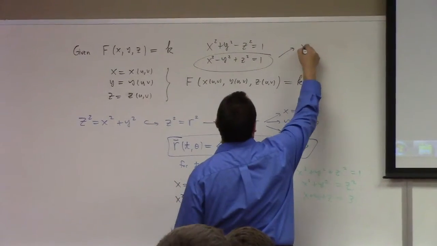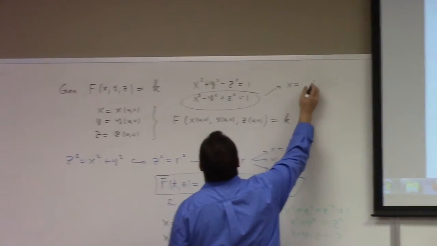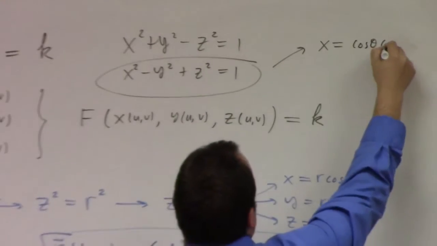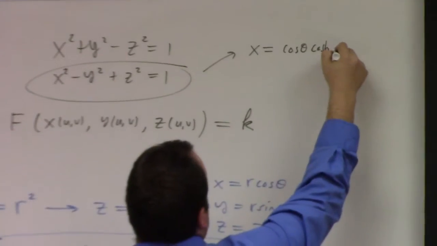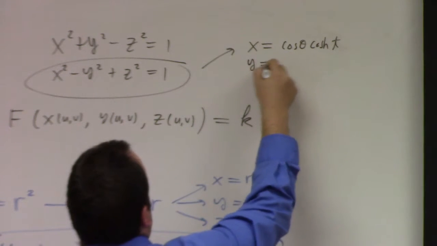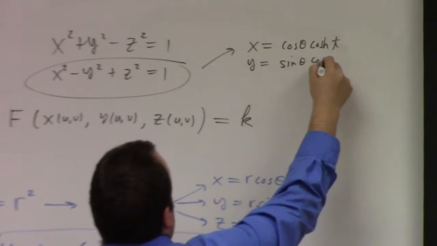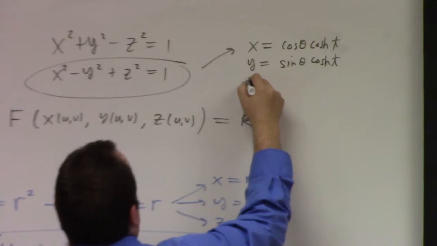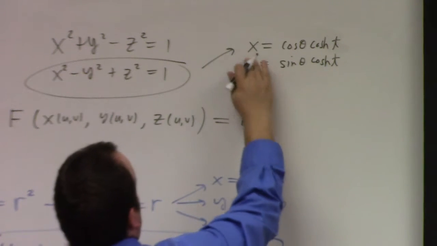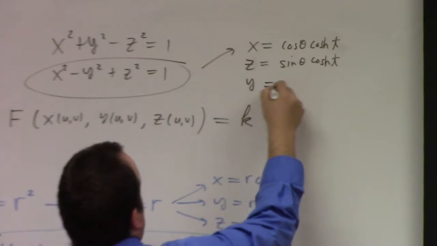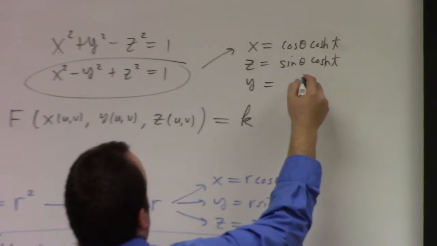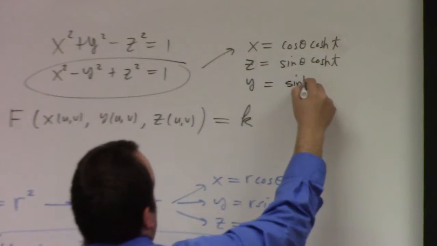I would let x equal cosine theta cosh t. I would let z equal sine theta cosh t, and I would let y equal sinh t. That'd do it.